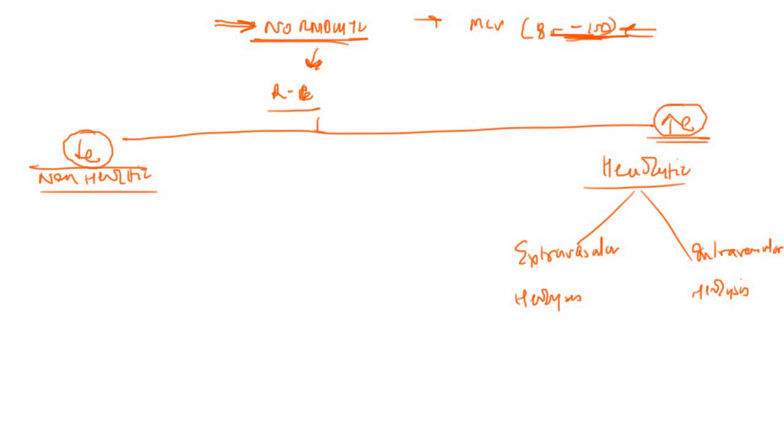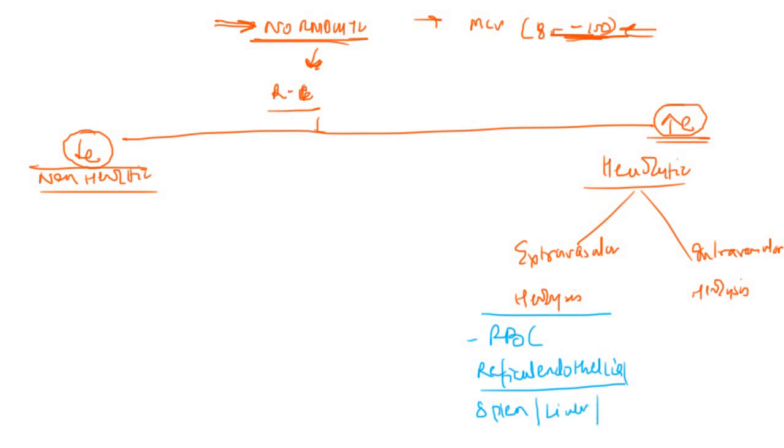In extravascular hemolysis, the RBCs are destroyed, or hemolyzed, in the reticuloendothelial system, a specialized system consisting of macrophages present in the spleen, the liver, and so on.